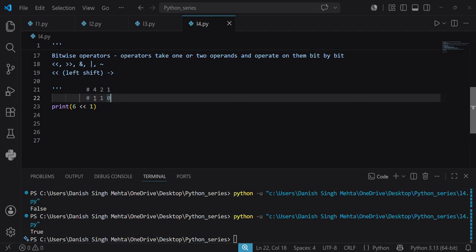Here I have to shift these values 1, 1, 0 towards the left by 1.